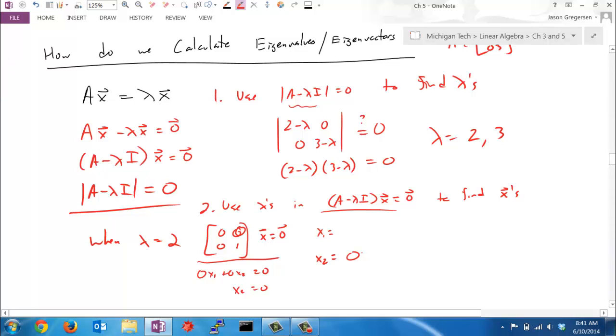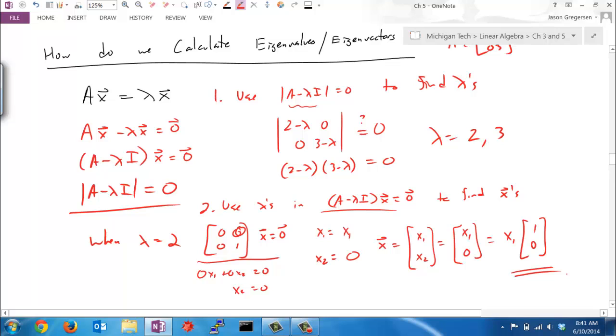Why not? It's a free variable, so x1 is just x1. Okay? Now I'm going to write this out as a parametric solution. My solution is a vector with x1 and x2 as components. x1 is just x1. x2 is just 0. Now I can see my parametric form. There's my parametric form for this solution.